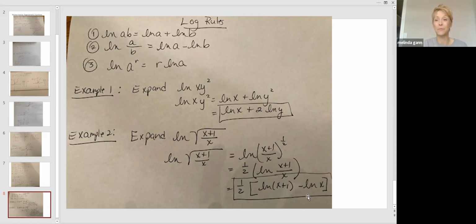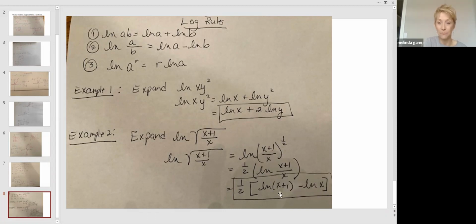Then some of your homework problems say condense. So instead of going left to right on the rule, if it says condense, you go from right to left. What it's doing is giving you the expanded form and wanting you to back up to the original problem. If I saw this subtraction, I would know that with subtraction, I can write that as division.